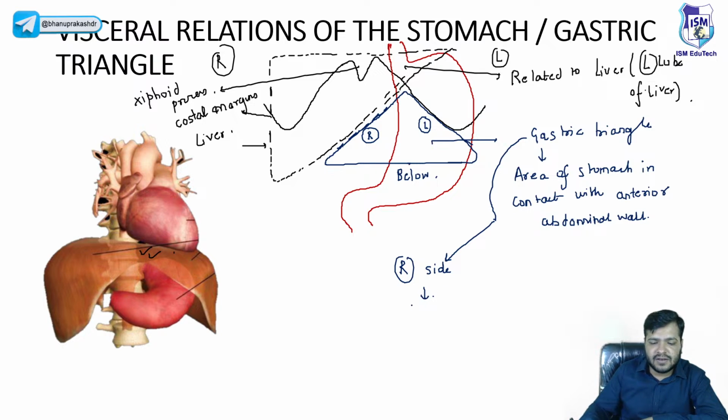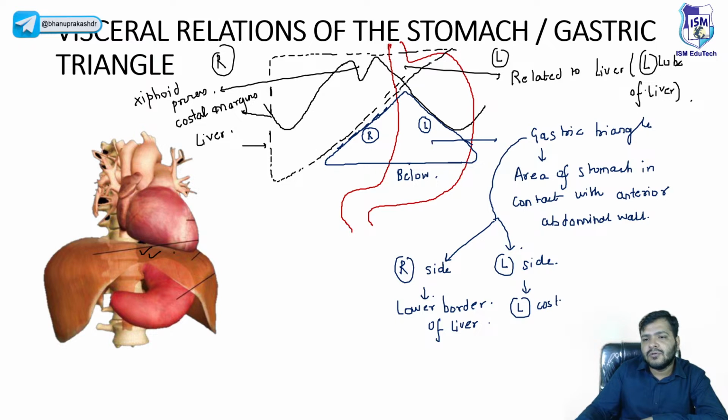The right side is made from the lower border of the liver, or the inferior border of the liver. Now the left side is formed from the left costal margin, and below, beta, you should know it is the transverse colon.